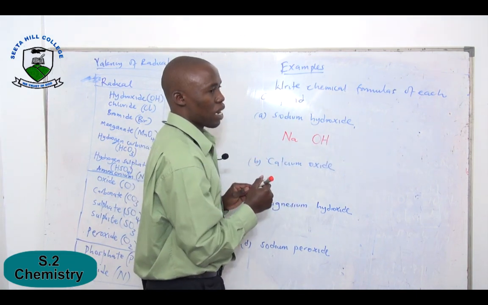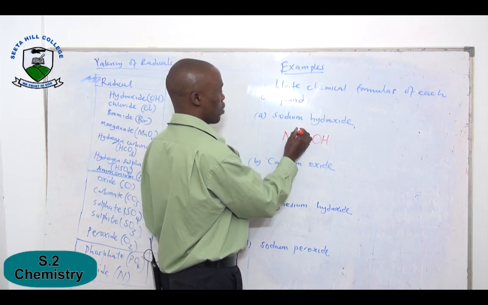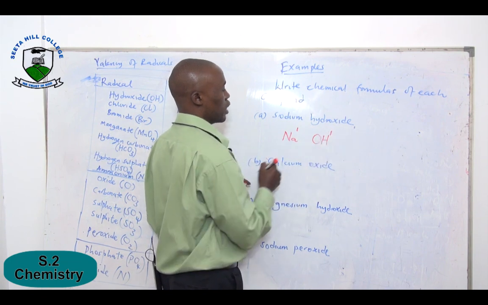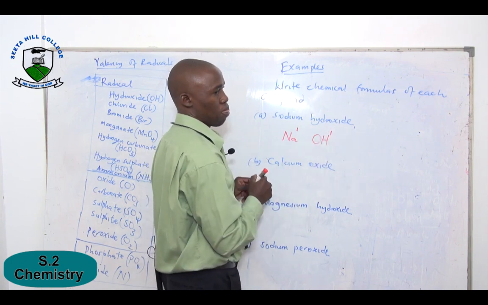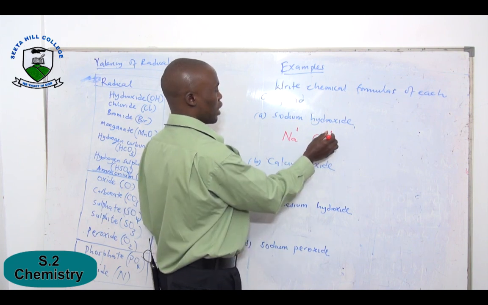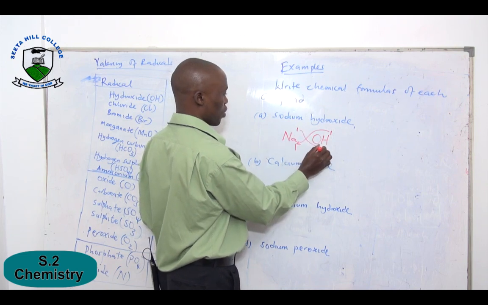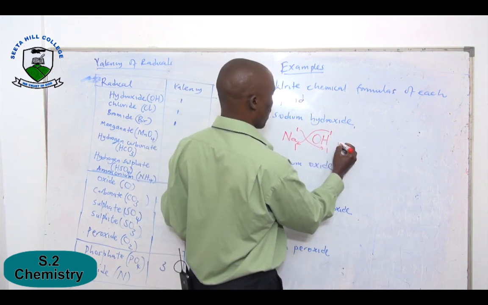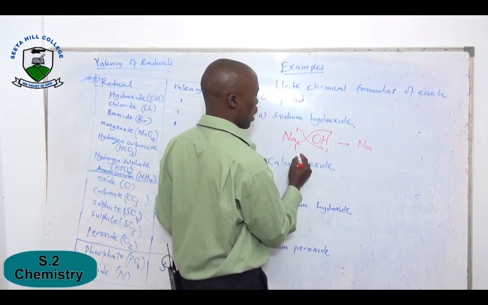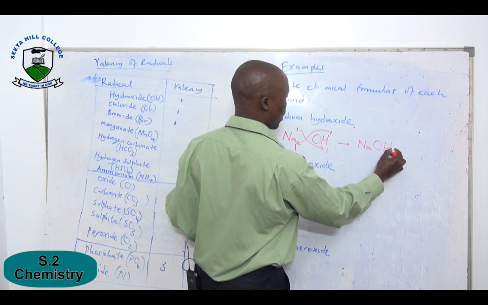Then put their valences on their top right. Valence of sodium is, valence of hydroxide is, exchange the valences. This gives it to the other one, this gives it to the other one. Then the formula will become sodium, because one of anything is the same thing. It remains.